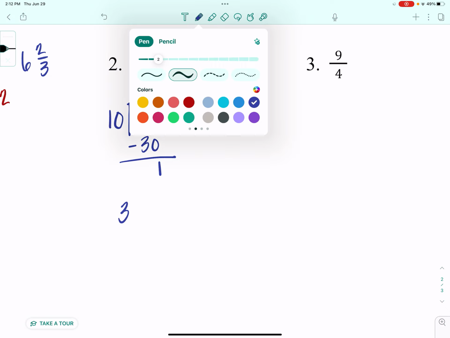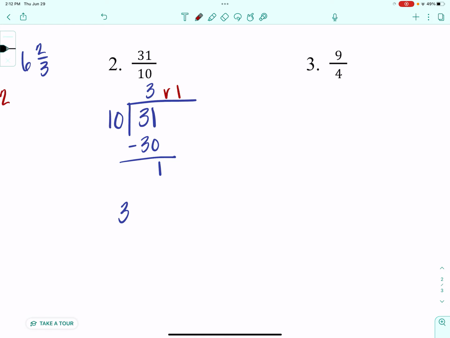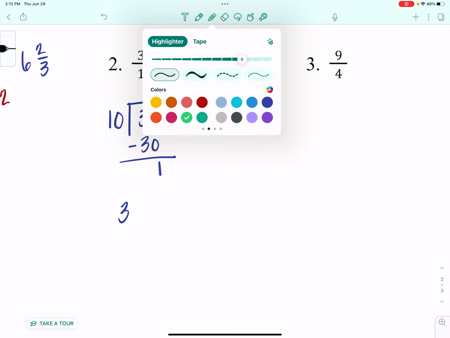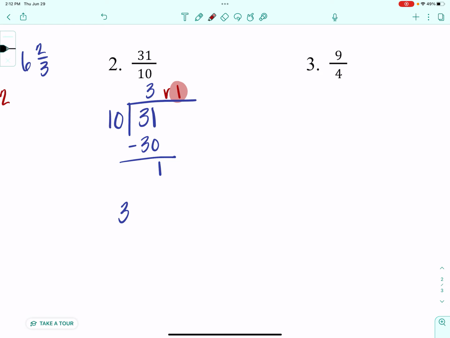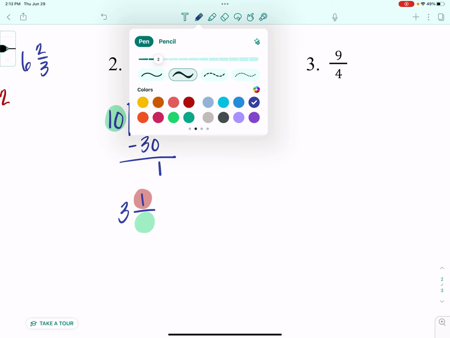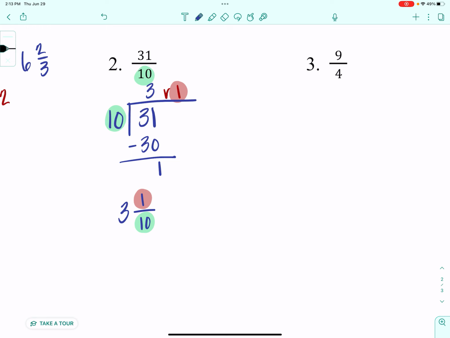Then I make the remainder the numerator. And I make the original denominator the denominator. So 31 over 10 is the same as 3 and 1/10.